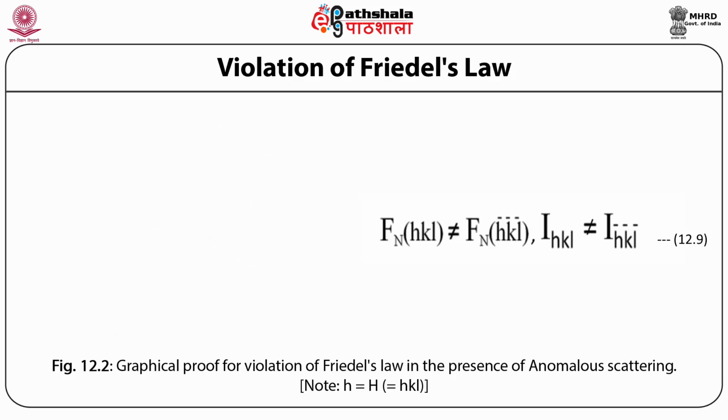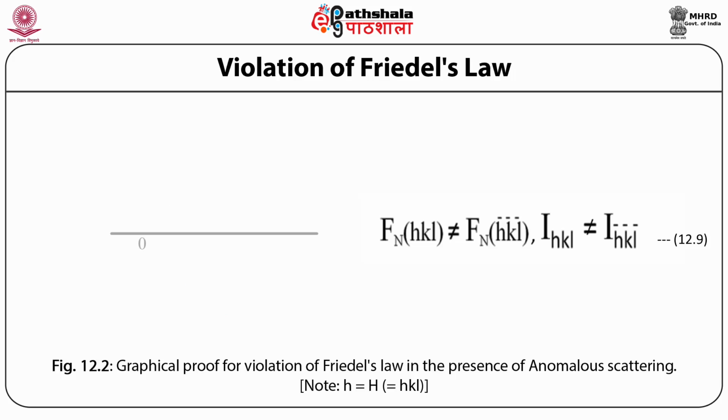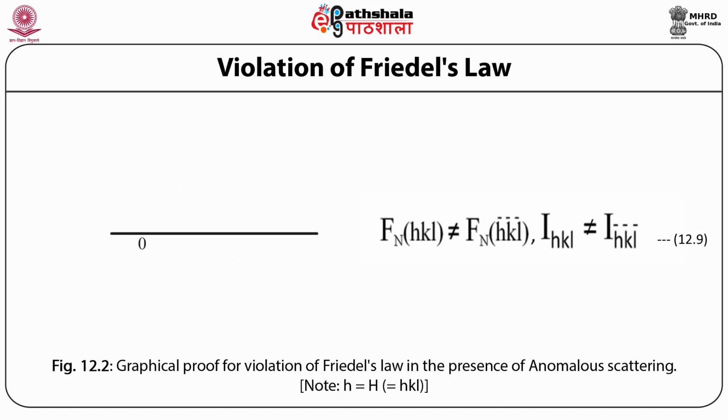Or in other words, the structure factor magnitudes will differ between the h bar, k bar, l bar reflection and the HKL reflection in the presence of anomalous scattering, because of which the intensity of HKL will not be equal to the intensity of h bar, k bar, l bar when anomalous scatterers are present, and this is known as violation of Friedel's law.